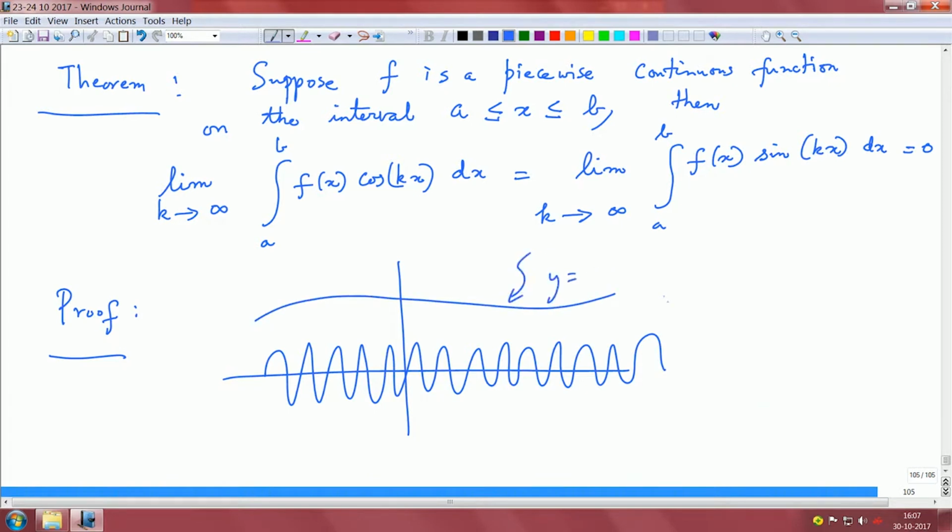This is y equals f of x, and this is like my y equals sin kx. Now, as the frequency increases, f of x is nearly constant between two adjacent periods of sin kx and cos kx.